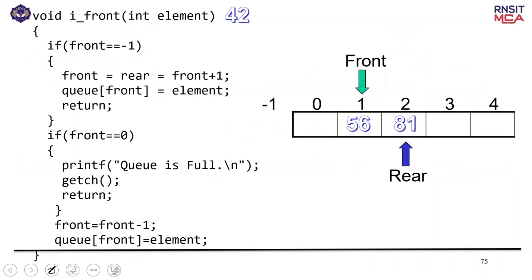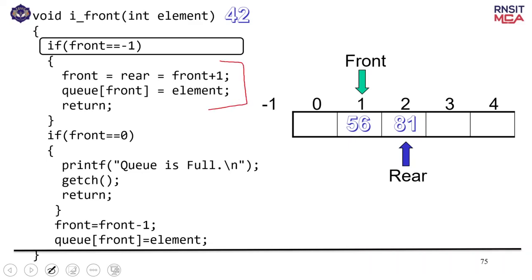Okay, let us take the state like this. Some elements are already there. Now, you call for inserting at front. So, you check whether front is equal to -1. If front is equal to -1, that means the entire queue is empty, and this particular code will execute.